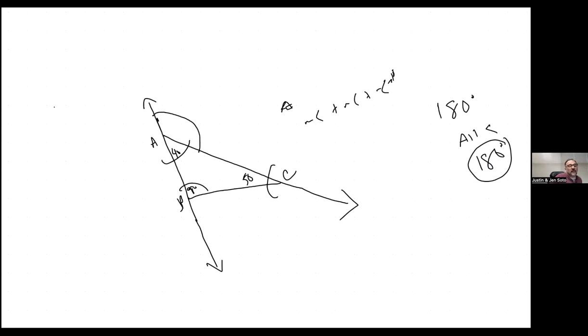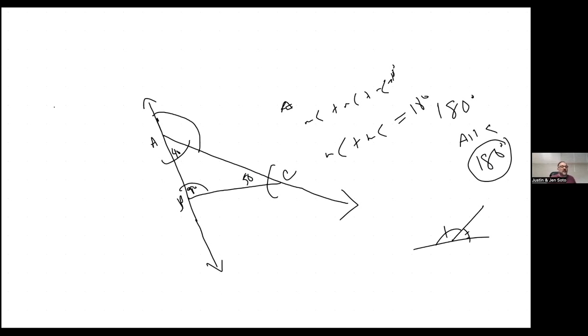We also know that the measurement of this angle plus the measurement of this angle also equal 180. Because any straight line, if it's cut by a line or a transversal, the sum of the 2 angles is 180.